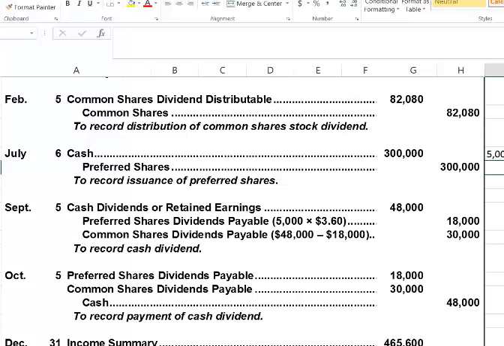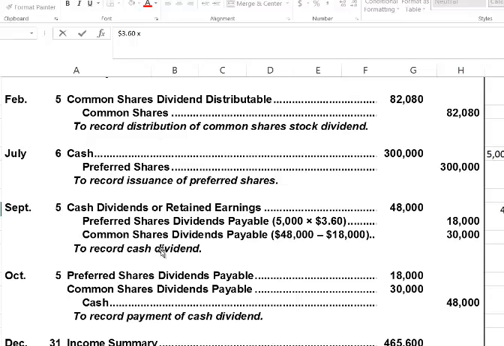On September the 5th, now we have a cash dividend declared, but the cash dividend is for 48,000. So now, if we're only going to be giving out 48,000, who's going to get what? Well, first of all, we know that the preferred shareholders get paid first, and their dividend is stated in the equity section as $3.60.